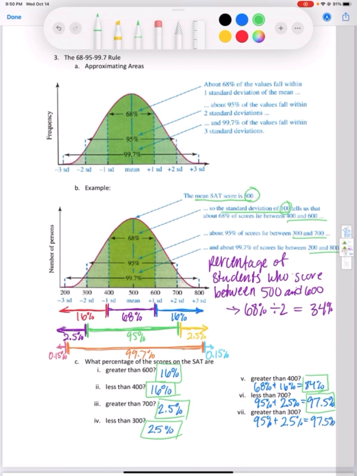So we have 97.5% here. Those are our ways to divide up the normal distribution to see what percents are greater than 400 or less than 700 or greater than 200, anything that we want to look at. So a little bit more diverse there.